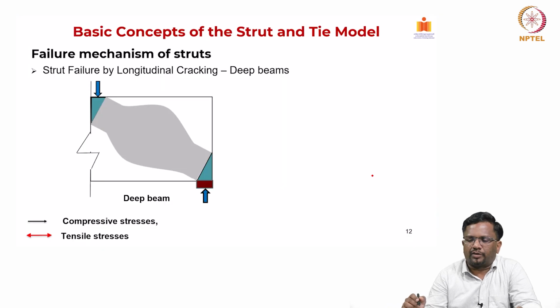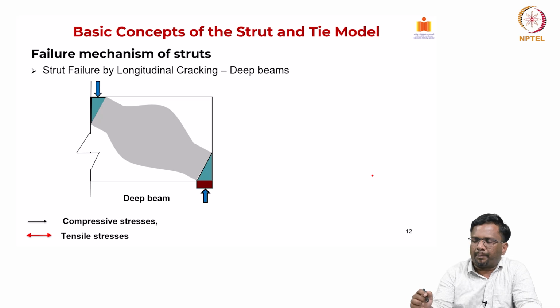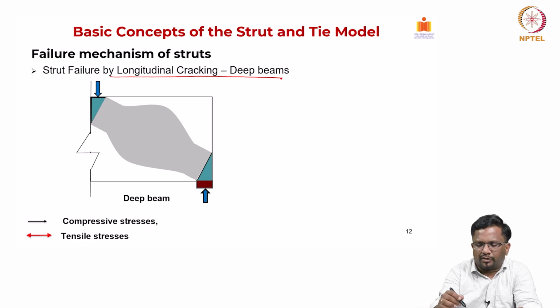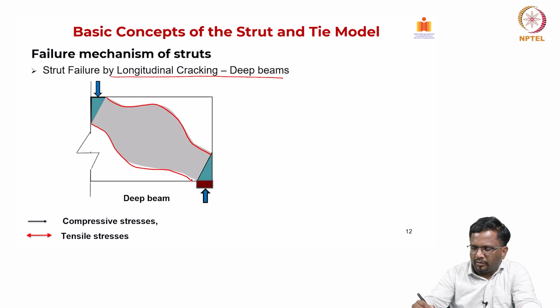Now, let us understand the failure mechanism of struts. Strut failure usually happens by longitudinal cracking in a deep beam. So, if you take the free body diagram of a deep beam which is subjected to loading like this, and we say that the strut is going to form like this in a bottle shaped configuration, right.